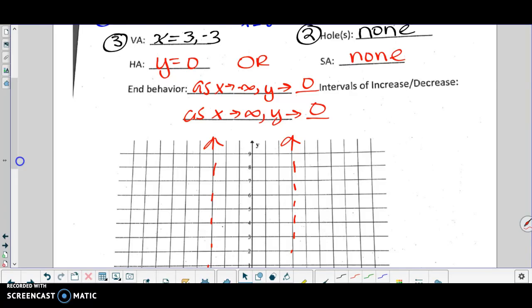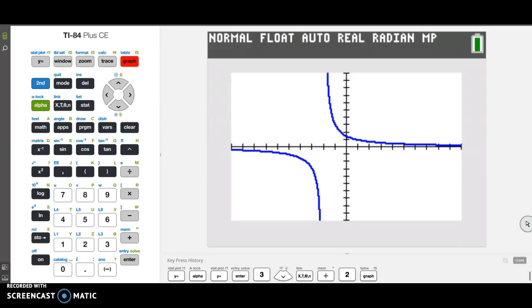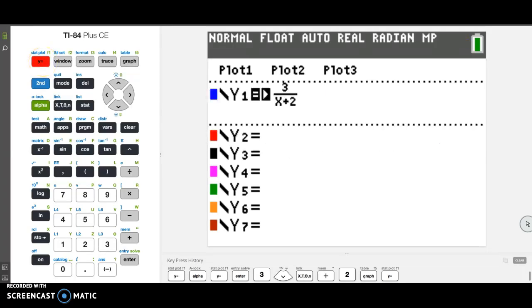Alright, do we have everything we can graph so far? Yeah. But we don't know what it looks like, so I've got to go to the calculator. Y equals, start with what I began with. At the top we had just x, and on the bottom we had x squared minus 9.